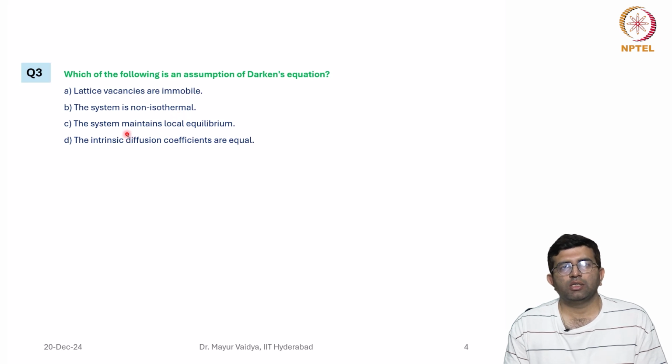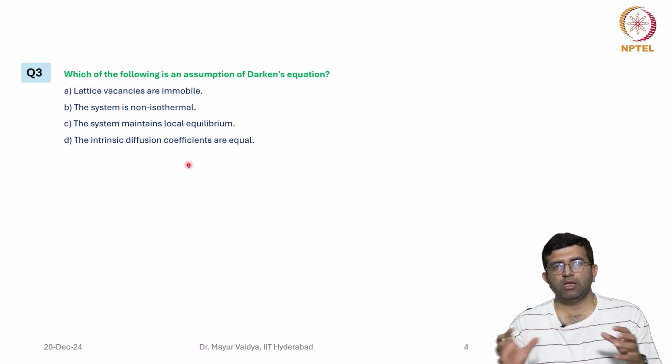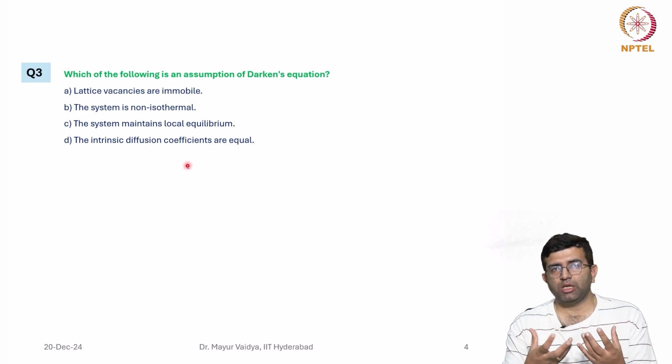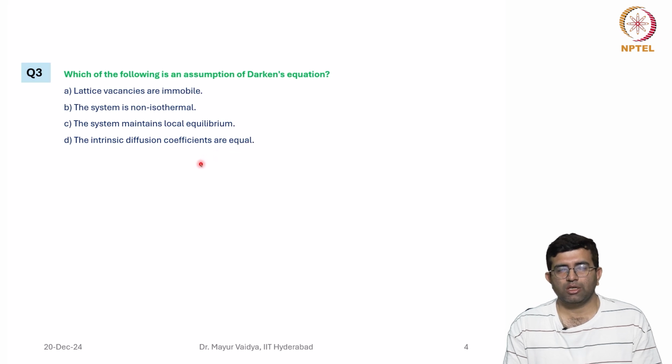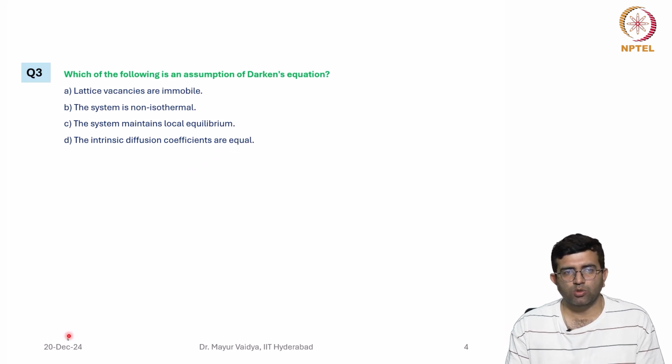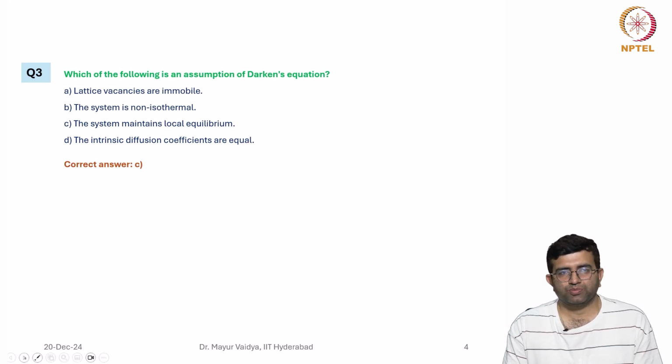Then, the system maintains local equilibrium. So, this is the assumption that the vacancies are in thermal equilibrium, and that is one of the assumptions of Darken's equation. The intrinsic diffusion coefficients are equal. That is not true because it actually relates DA and DB to D tilde. So, the correct option is C.